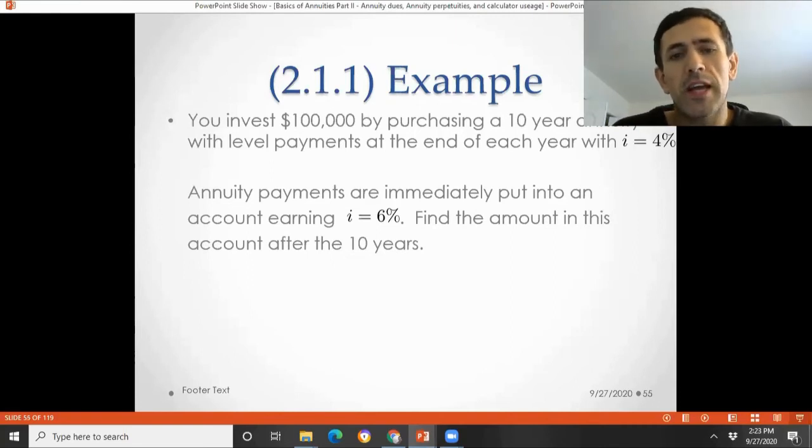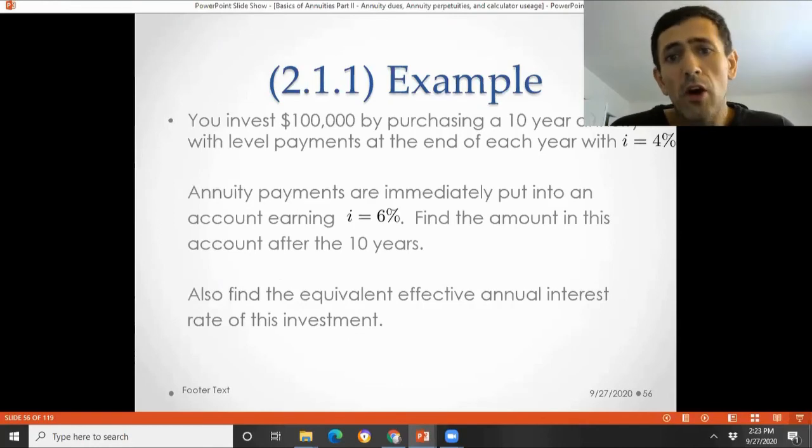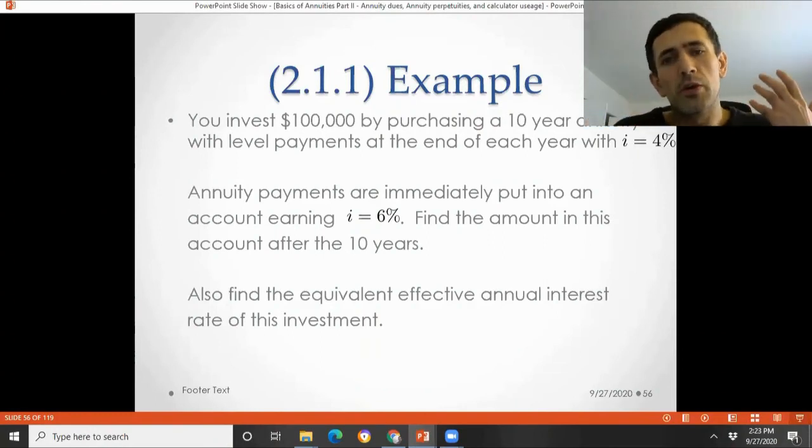Find the amount in this account after 10 years. And also let's find the equivalent effective annual interest rate for this entire investment. The entire investment being very simply, you invest now $100,000. What do you have at the end of 10 years?